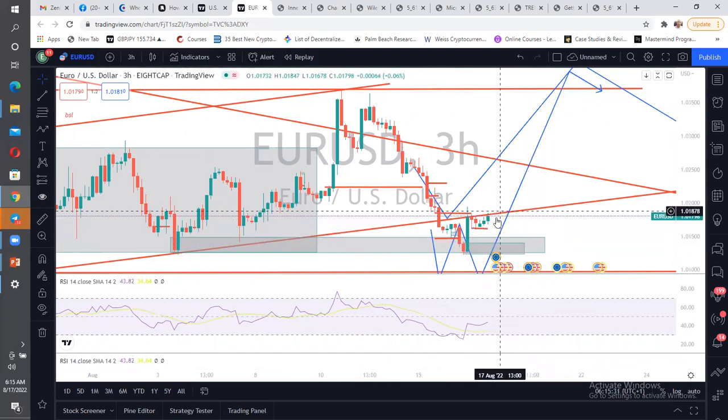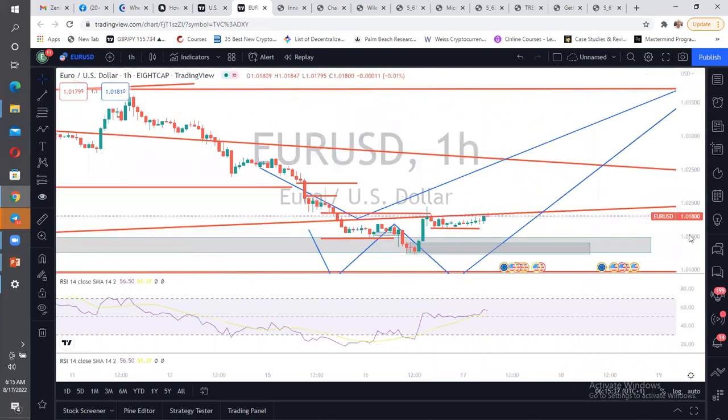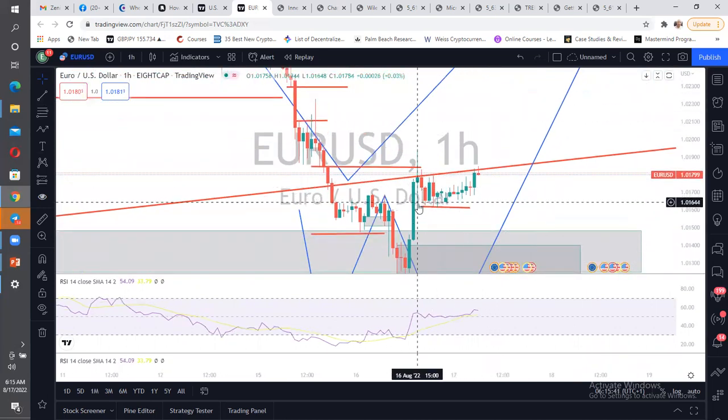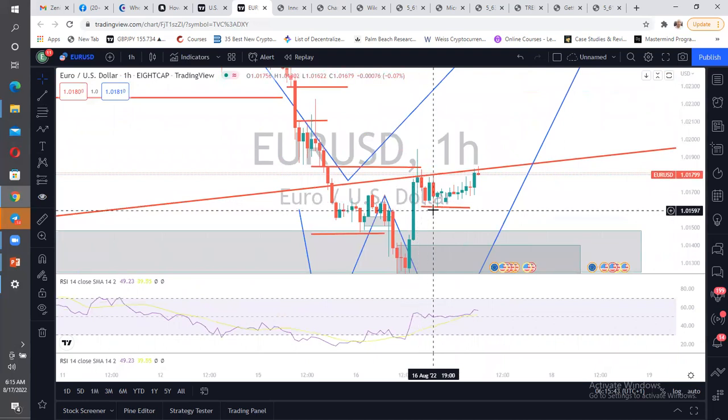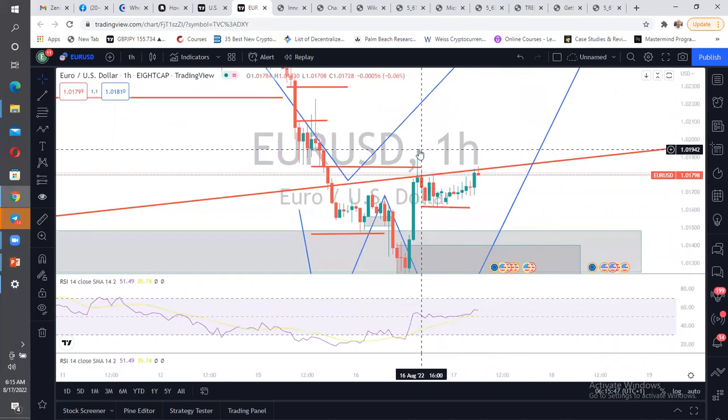So having seen this, let's go straight to 1 hour and see what we're looking at. This is the point they entered the fair value gap. So this is the point to take a trade, to take out this liquidity on the upside here.